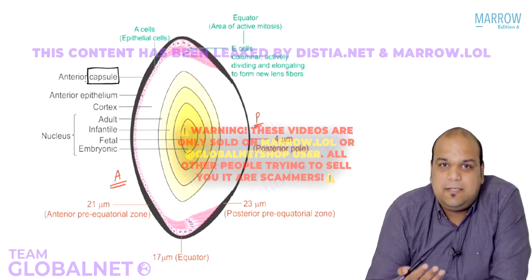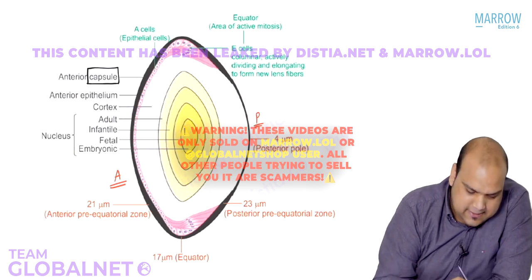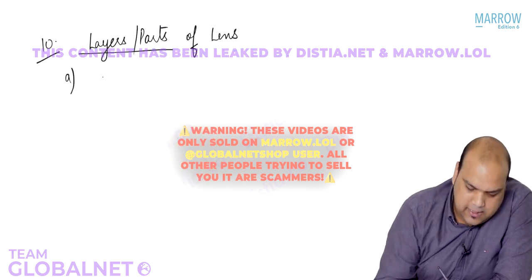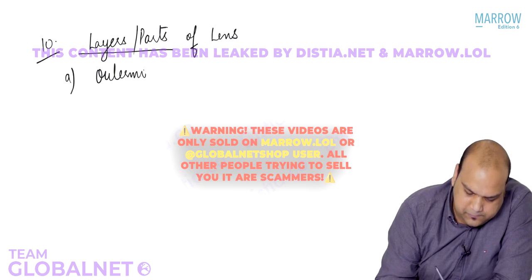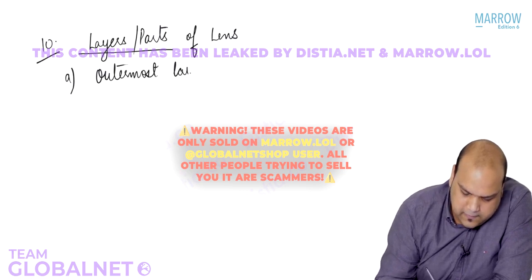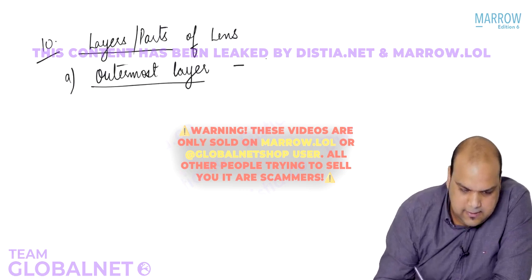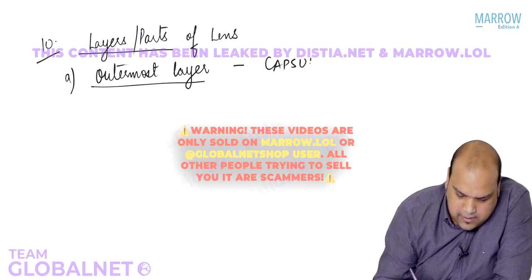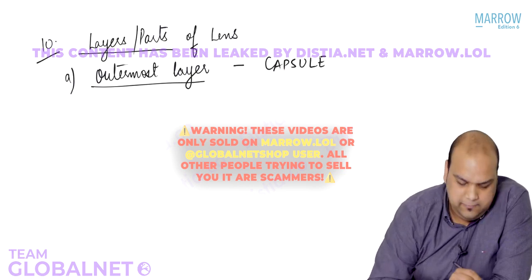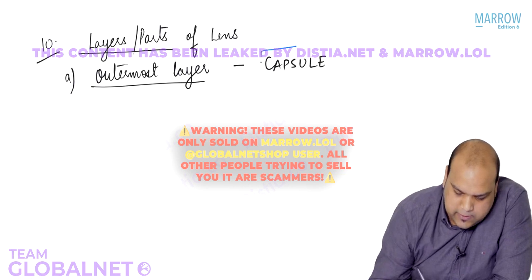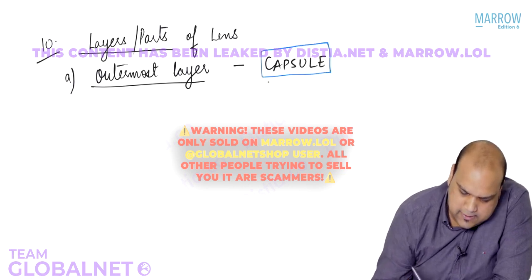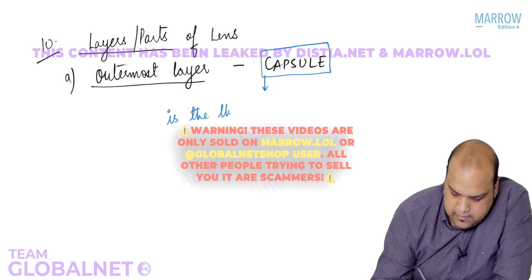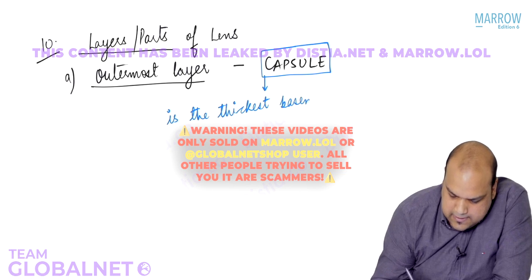What is the function of the capsule? Let's discuss. So number 1, the outermost layer of the lens is the capsule. Now, certain points about the capsule. What we should know is that the capsule is the thickest basement membrane in the body.